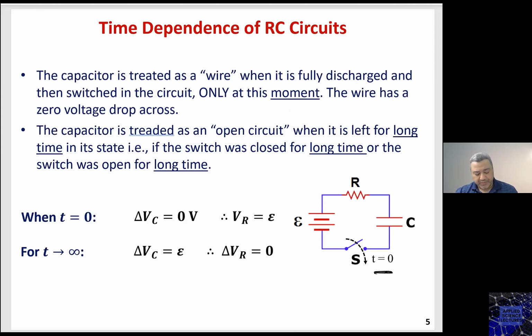So here, in summary, when we have the switch closing at t equals 0, I can replace the capacitor with a piece of wire, which means the delta VC across this wire is 0.